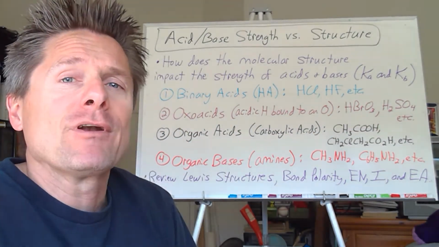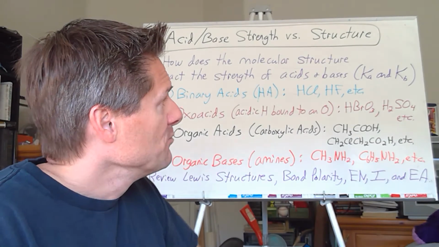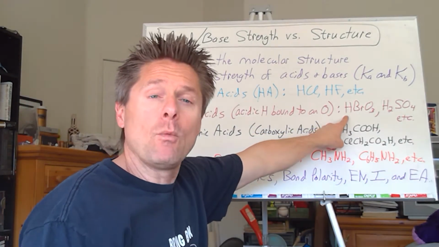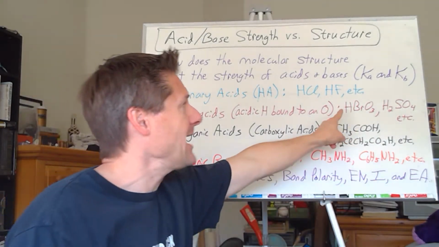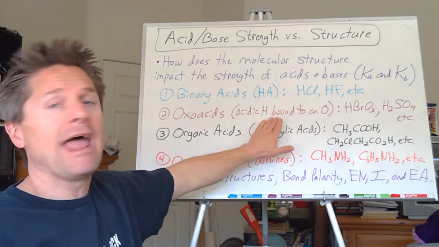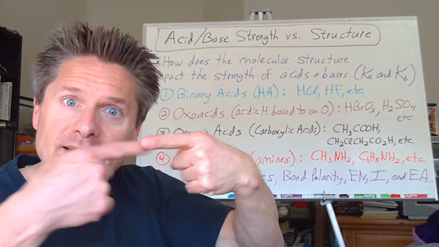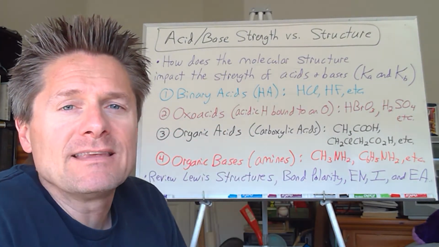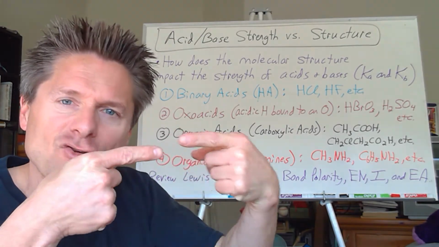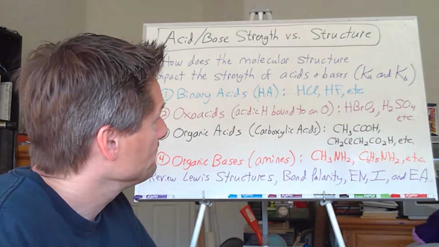There are many, many different kinds of these oxoacids. But remember, that hydrogen, even though we put it out front as general chemists to show that it's an acidic hydrogen, is actually bound to an oxygen atom. That's what allows it to snap off. We're going to look at the polarity of that bond and see how easily that H-O bond can break.